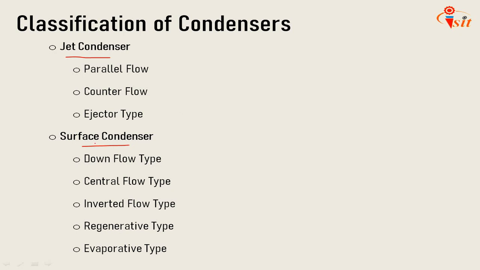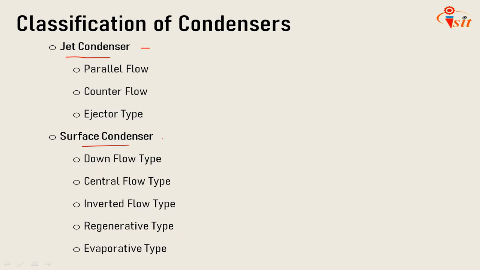In a jet condenser, the exhaust steam and water come in direct contact with each other and the temperature of condensate is the same as that of cooling water leaving the condenser. The cooling water is usually sprayed into the exhaust steam to cause rapid condensation.